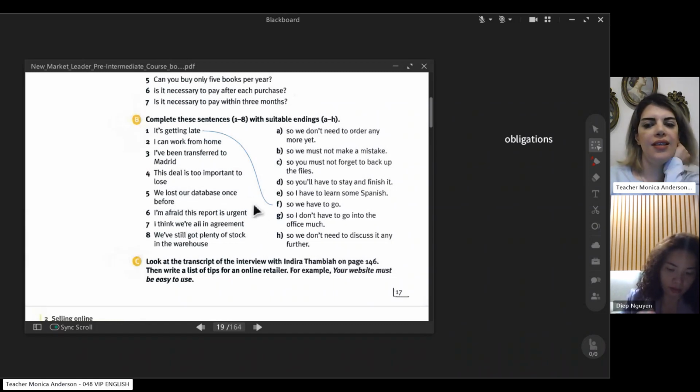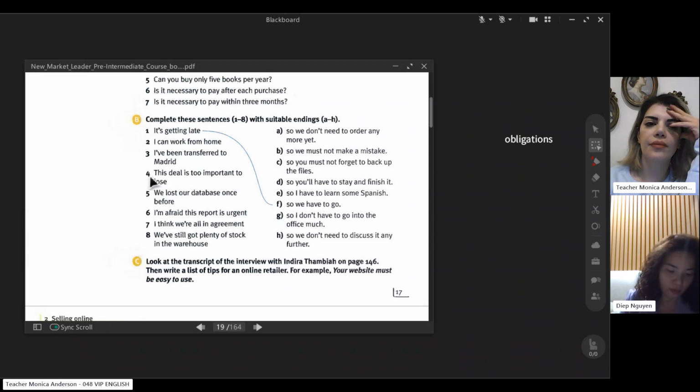Of course. Very good. We lost our database once before, so you must not forget to back up the file. Excellent.